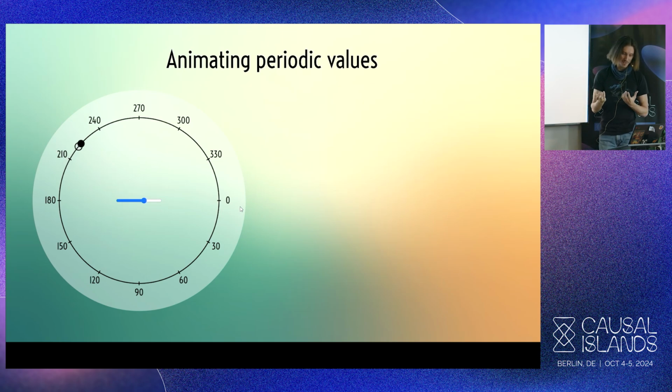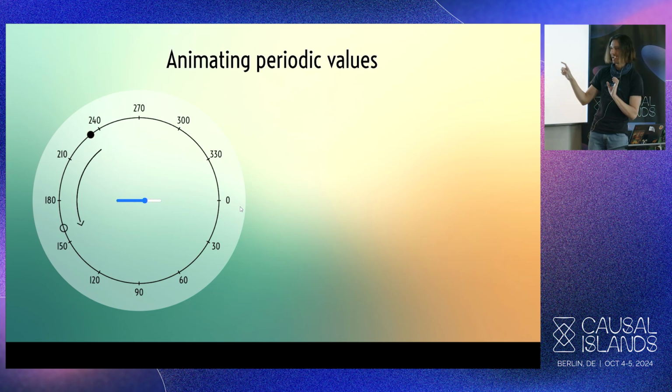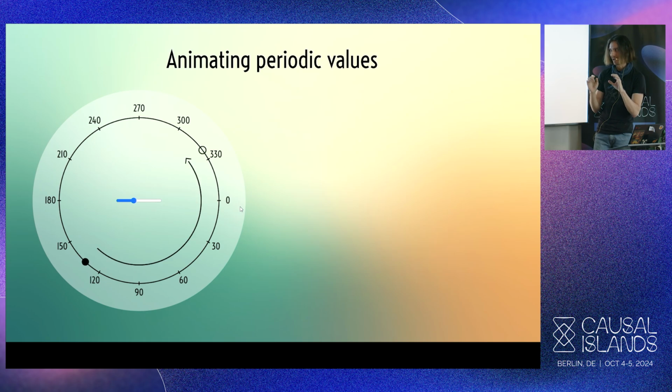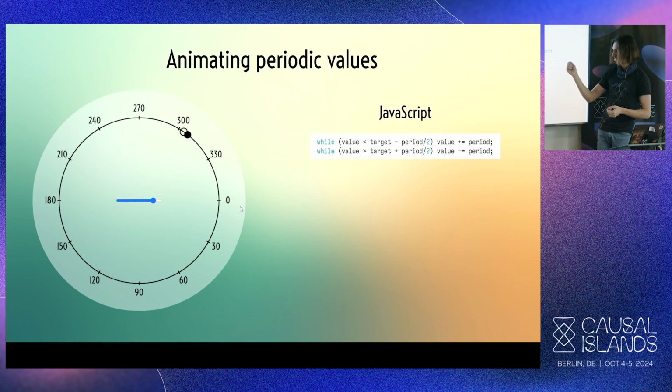So the key thing we need to do to implement this kind of behavior is, if you have a value, you can add a period or subtract a period. And visually, for the user, nothing is going to change. But numerically, you can move your value closer or further away from the target.